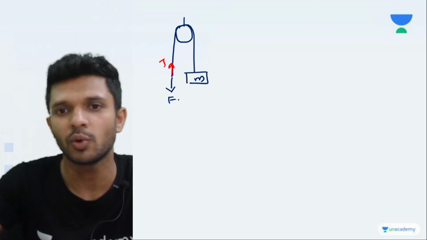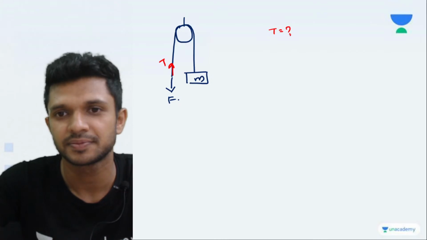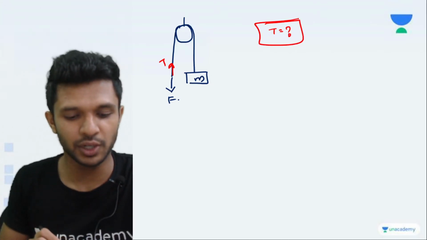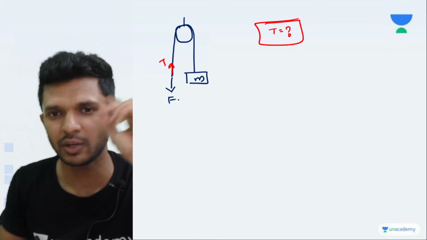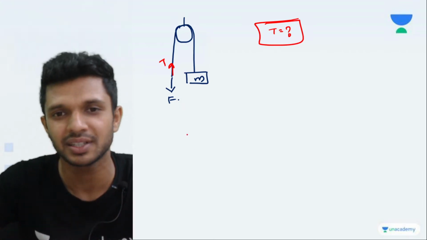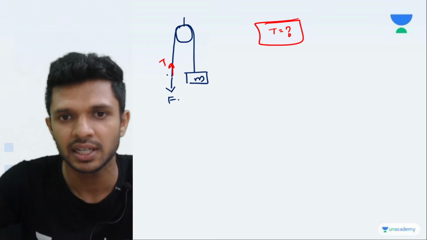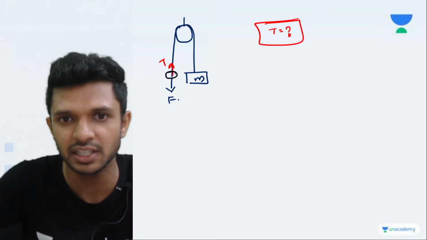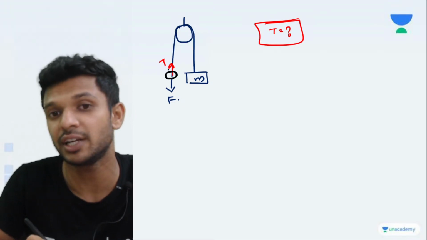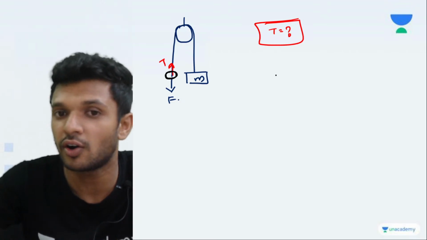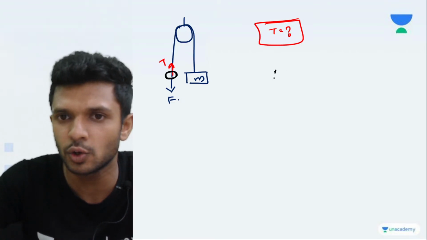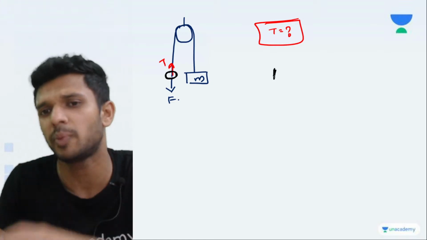Who can tell me what is the value for tension? सोच ले, what will be the value of tension? It's very simple, right? What I'm going to do is take a very small portion of the string, a very small part of this rope.